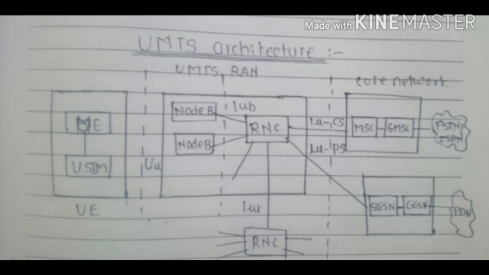Next is the core network. The core network is divided into two parts, that is CSD and PSD: circuit switched domain and packet switched domain. First is the circuit switched domain. It consists of circuit switched services like signaling.